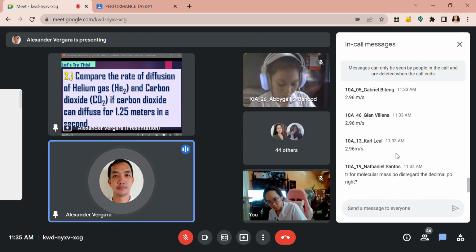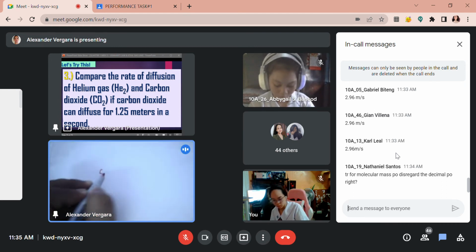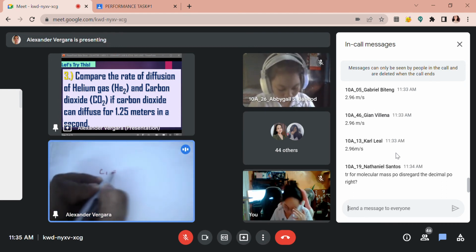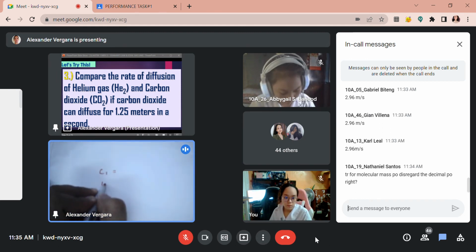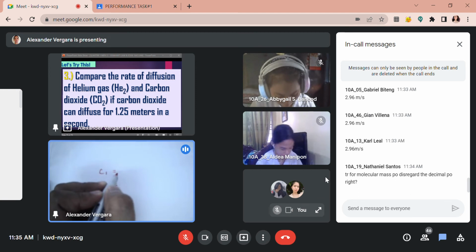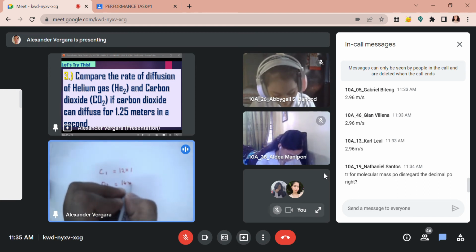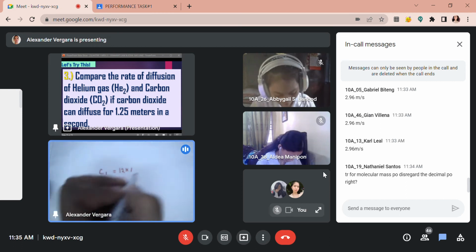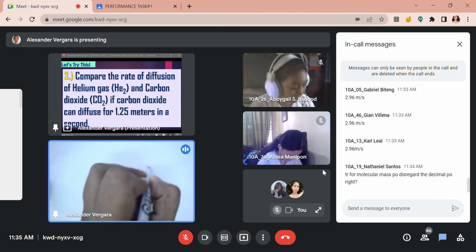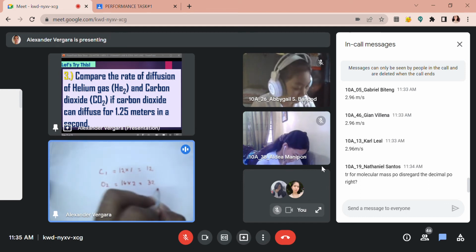So I'm going to show you how to compute this carbon dioxide. We have carbon, that is 1, automatically, then oxygen, we have 2. So here carbon, that will be 12 times 1, and here is 16 times 2. Compute for that, that will be 12 and the other one is 32.